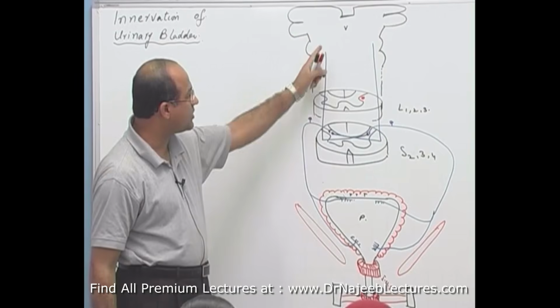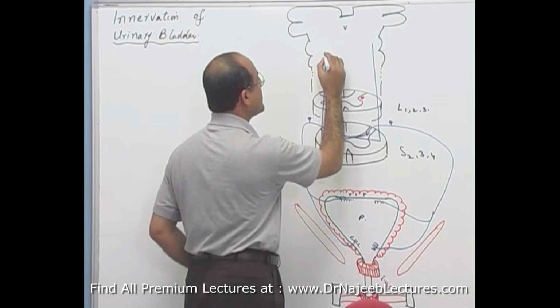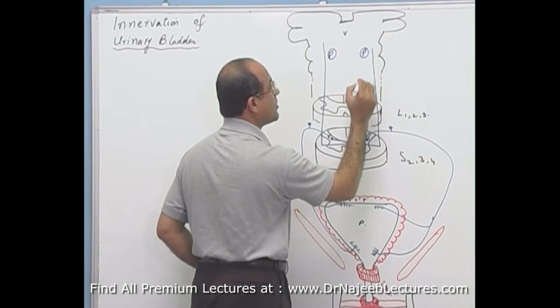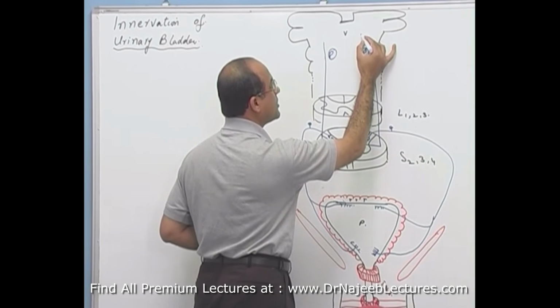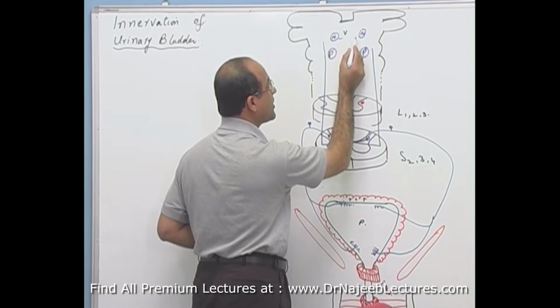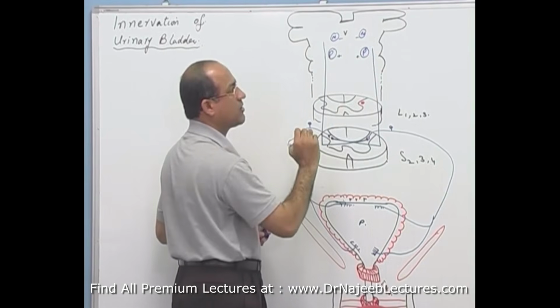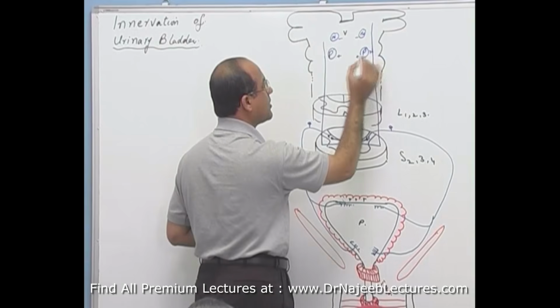Now these blue pathways which are taking the sensation upward, they are going to the pontine centers. There is a pontine center here related with control of micturition, and in the midbrain also there are some centers. Usually midbrain centers are inhibitory for the micturition reflex, and pontine centers are stimulatory. These sensations are going up.